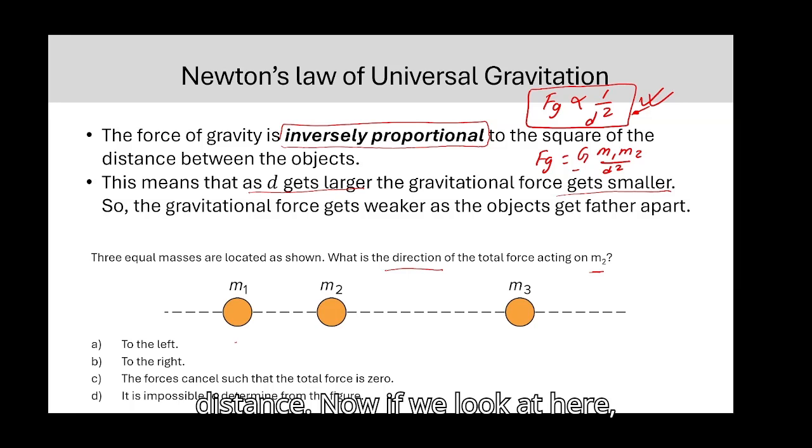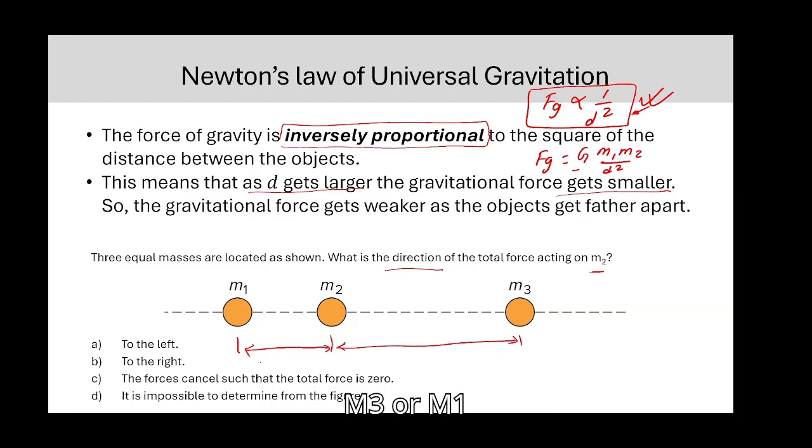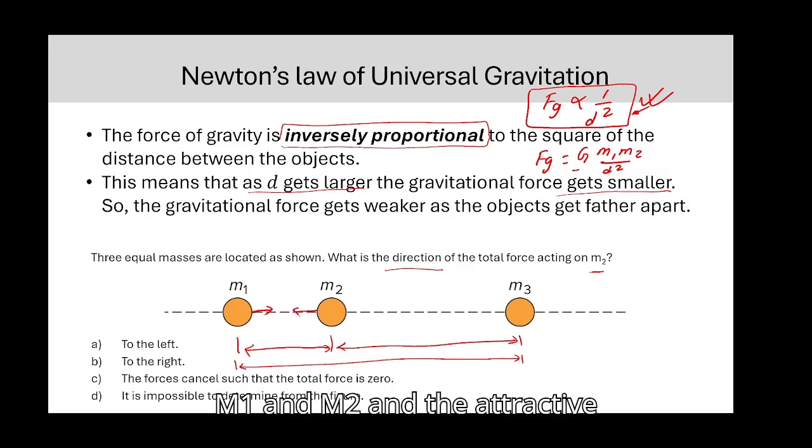Now if we look here, m1 and m2 have a shorter distance compared to m2 and m3, or m1 and m3. So the strongest force is the attractive force between m1 and m2, the attractive force between m2 and m3 is relatively smaller, and the attractive force between m1 and m3 is even smaller.